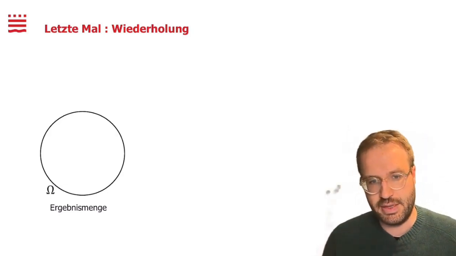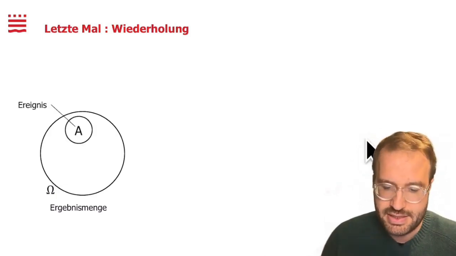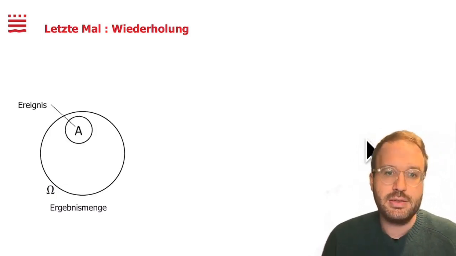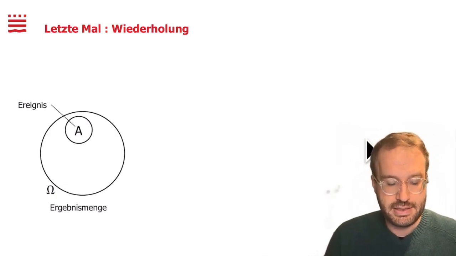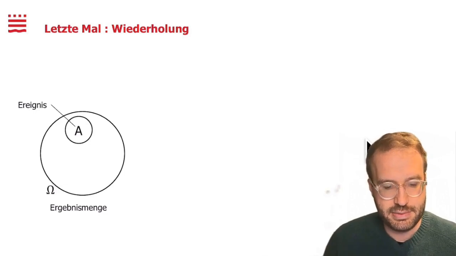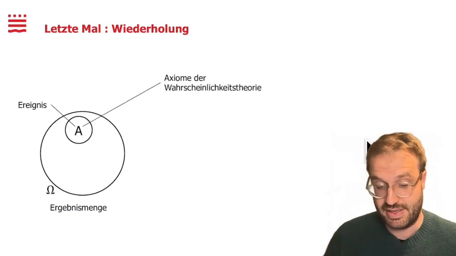So for example, in the case of rolling a die, it was the set of 1 to 6. Then we basically learned the concept of an event. An event was a subset of the sample space. And that is exactly the much more important concept that we need to define probabilities.